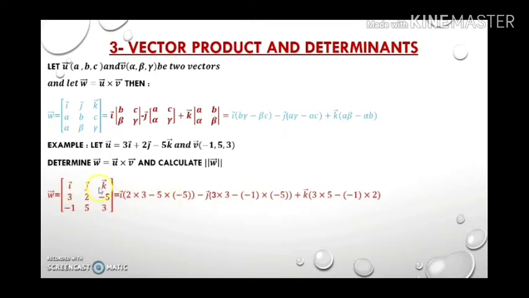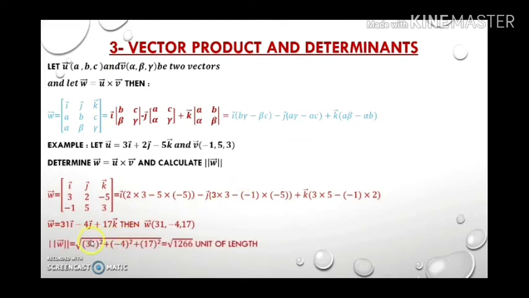We cross out the first row and the third column. We leave the determinant 3, 2, minus 1, 5. We get k (3 times 5 minus minus 1 times 2). And by calculation we get the vector w is equal to 31i minus 4j plus 17k. Then the vector w is (31, minus 4, 17).